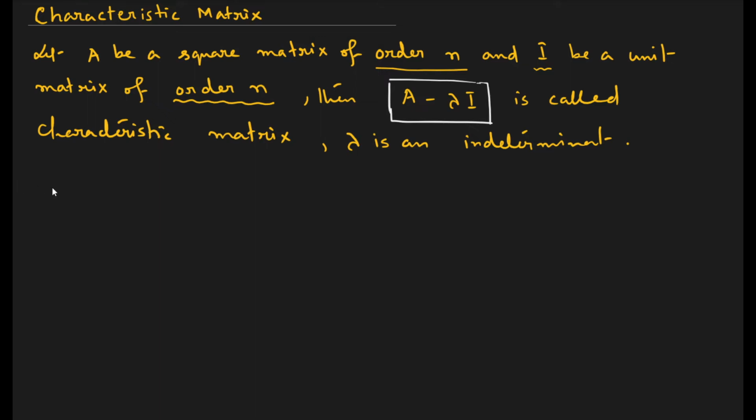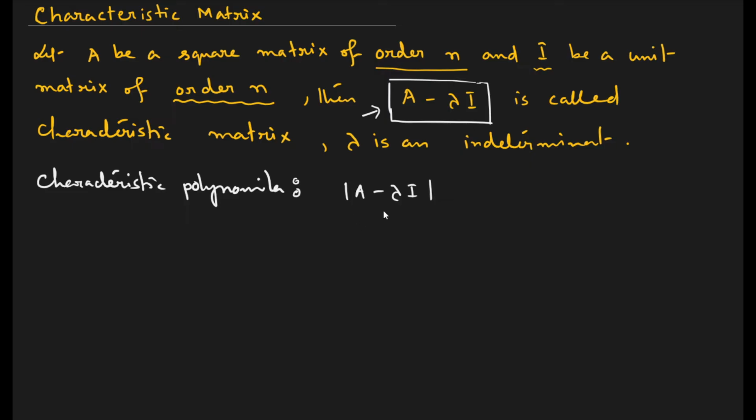Now what is the characteristic polynomial? A polynomial is an expression, but A minus lambda I is a matrix. So the characteristic polynomial is the determinant of A minus lambda I. Above is a matrix.